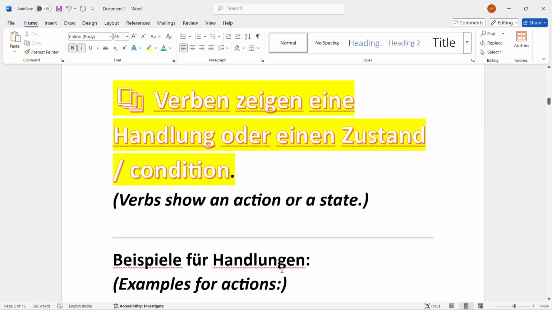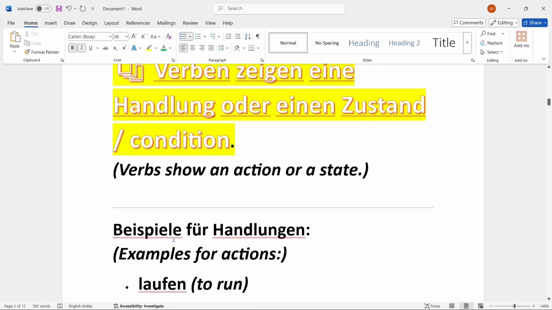Look at the Beispielsätze. Beispiel means example. Look at hier Beispiel. Zuerst laufen. Laufen means to run.